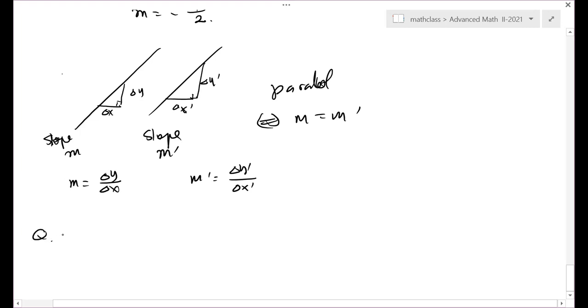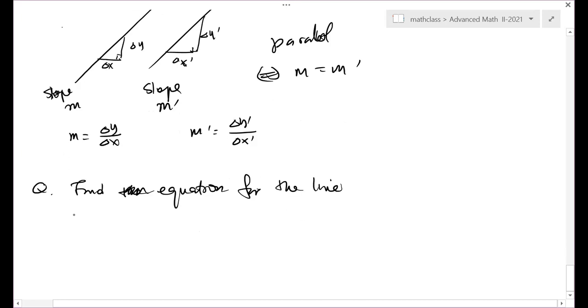All right, so let's see. Find an equation for the line parallel to 2x plus 3y equals 1 and passing through the point.